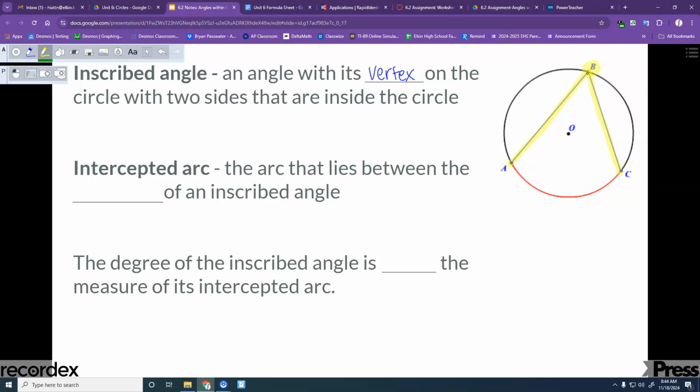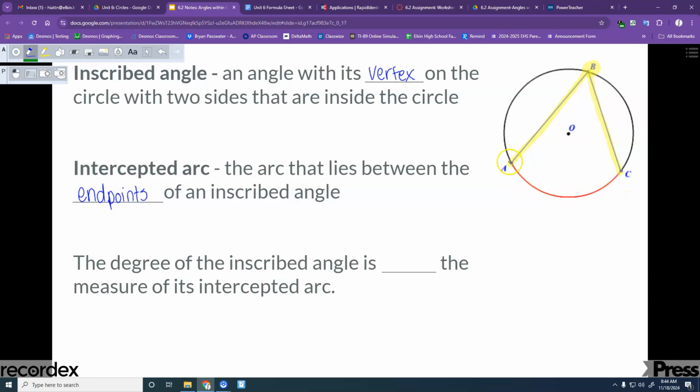Okay? Whenever you have an inscribed angle, you also have an intercepted arc. The intercepted arc is the arc that lies between the endpoints of the inscribed angle. So it is shown here on my screen up here. It's red. On yours, of course, I don't have the power to print color, so it's just black on yours.